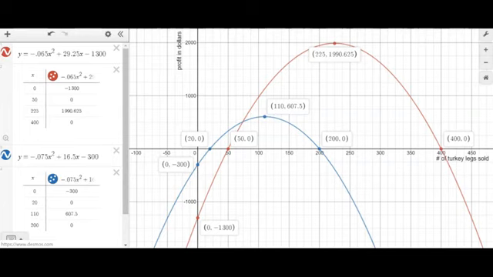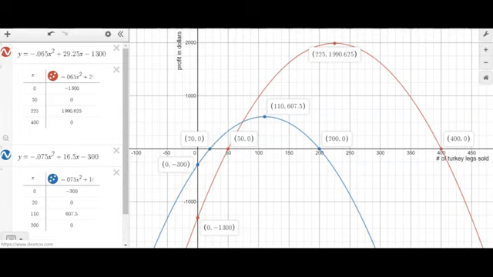Again, we know that there are 2 other break-even points. So on the rainy day, the other x-intercept is the other break-even point, at 200, and 400 for the sunny day. So for the rainy day, the blue function, any number of legs sold greater than 20 but less than 200 would result in a profit, versus the sunny day, any number greater than 50 but less than 400 would result in a profit.